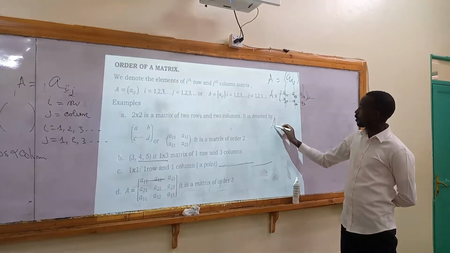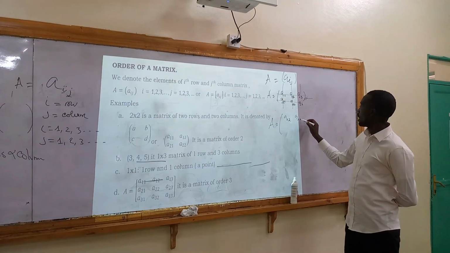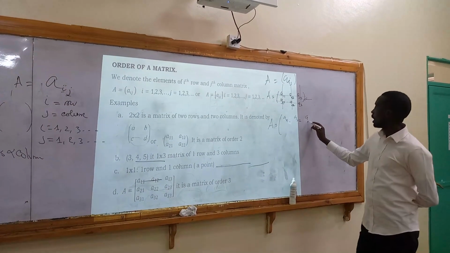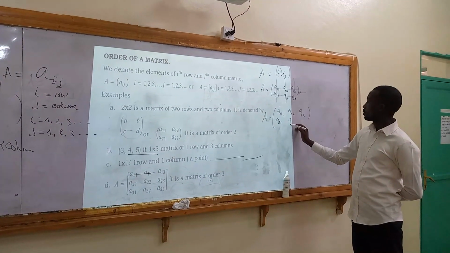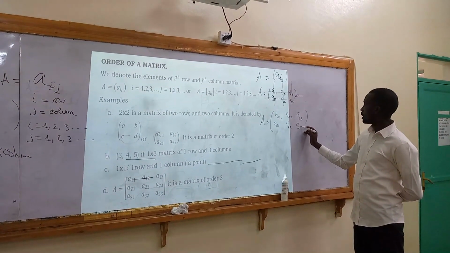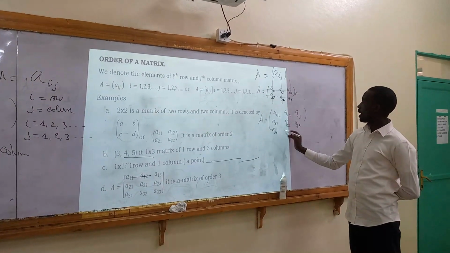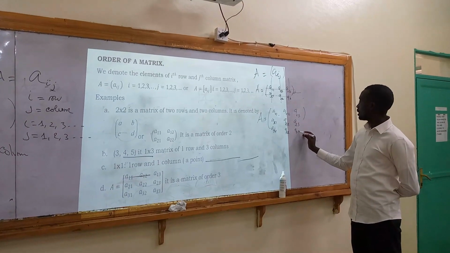If we need a matrix of order 3, we say it is a11, a12, a13 here. This is a21, a22, a23. This is a31, a32, a33.